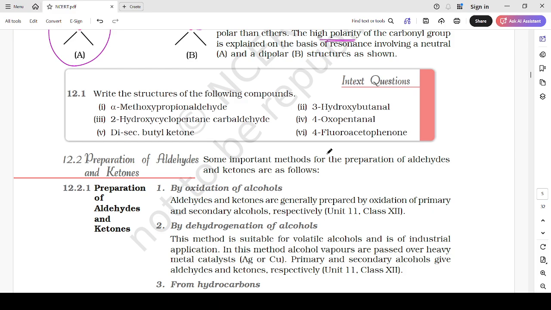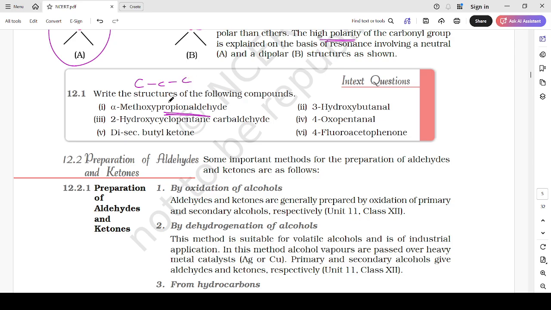Let's start doing 12.1. Alpha methoxypropionaldehyde.